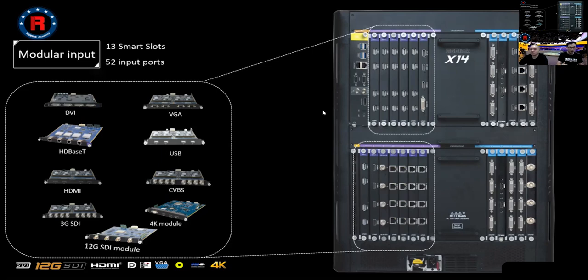And if you are in a large-scale conference, you can prepare more HDMI 1.3 or 4K input modules because they have many computer signals to show different contents. So is it clear? Yes, thank you.